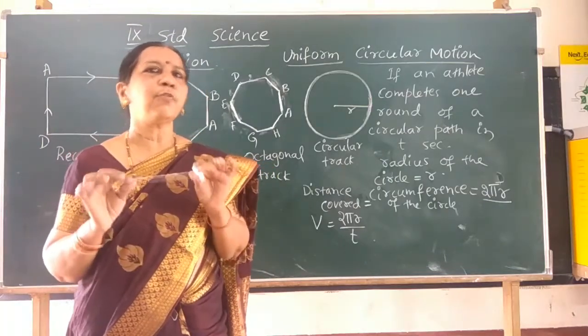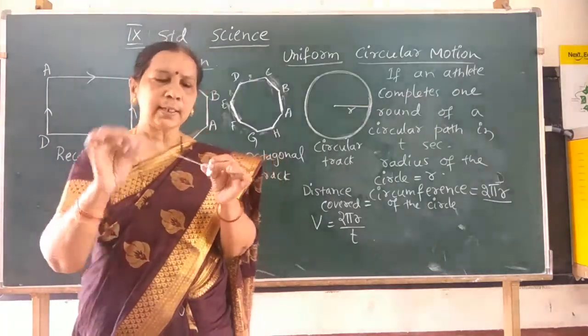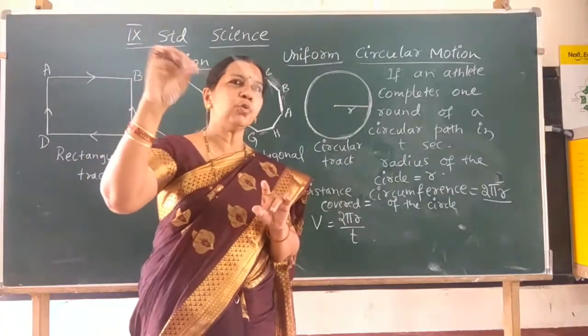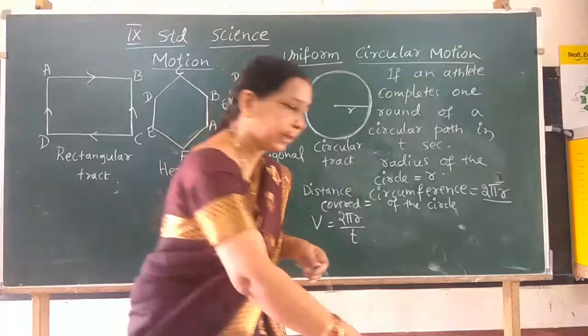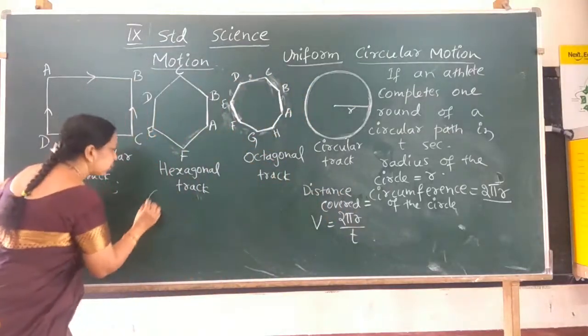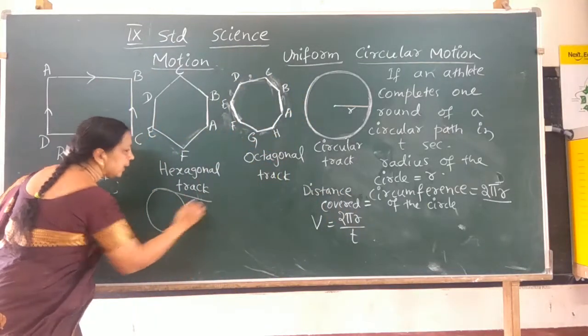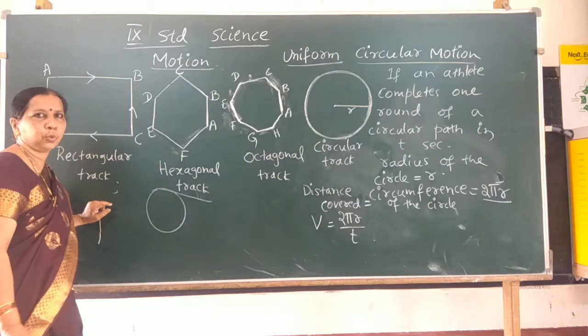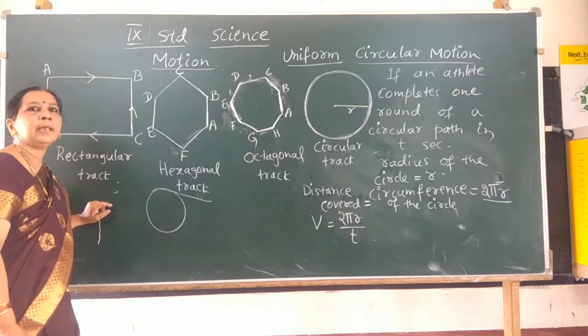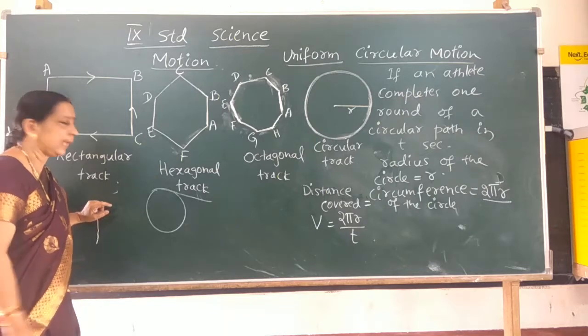It means at every point the stone moves in a straight line tangential to a circle. So every time the stone moves in a straight line, it's a tangent to the circle. You have learned what a tangent is in maths class.